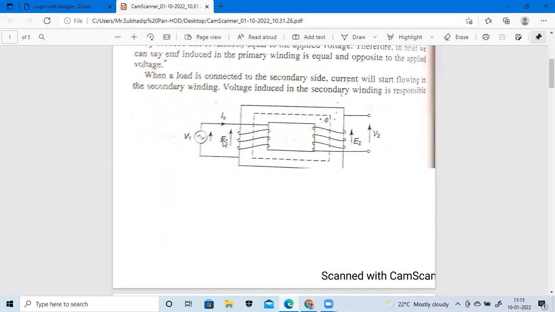So any coil, how can we represent it in electrical quantities? It is a combination of resistance and reactance.